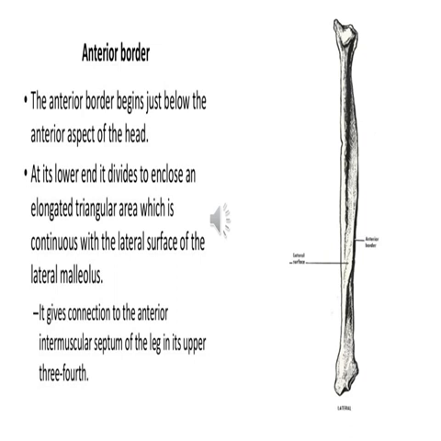The anterior border of the fibula begins just below the anterior aspect of the head, and at the lower end it divides and encloses a triangular area which is continuous with the lateral surface of the lateral malleolus. It gives attachment to the anterior intermuscular septum of the leg in the upper three-fourths, and also to the superior extensor retinaculum and the superior peroneal retinaculum.